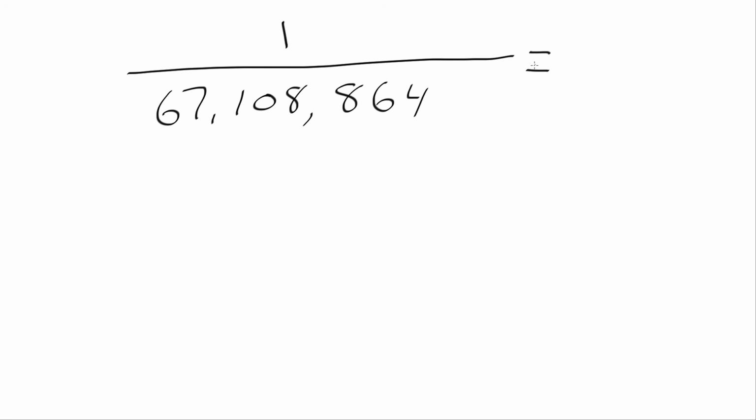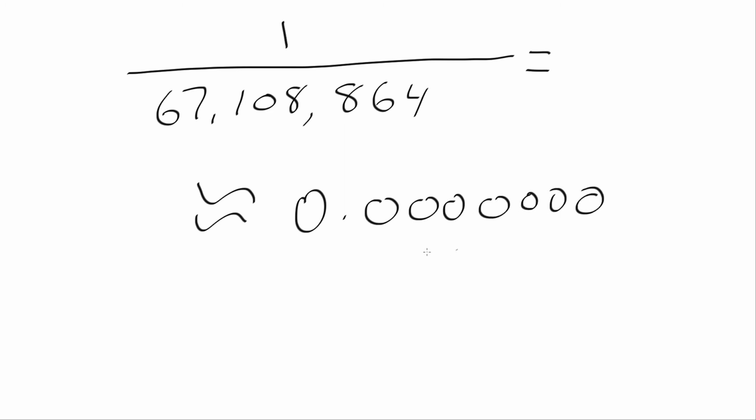It's our number of ways to do it, divided by the number of outcomes we could have. There's one perfect outcome, and that's approximately equal to 0.0000001, seven zeros and a 1.